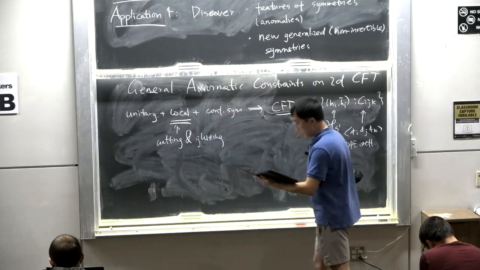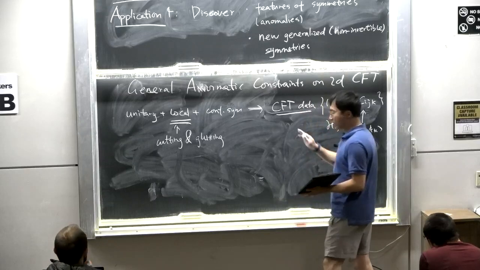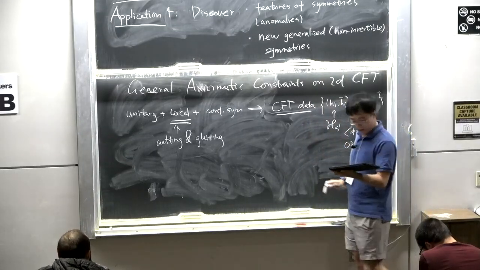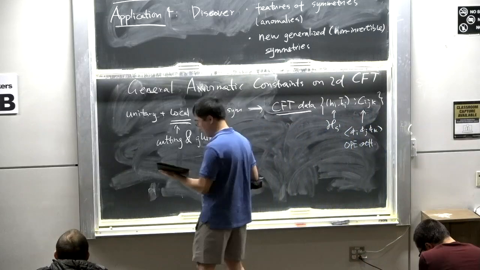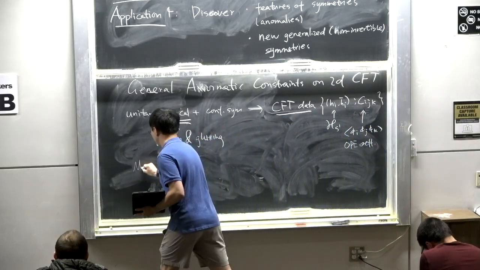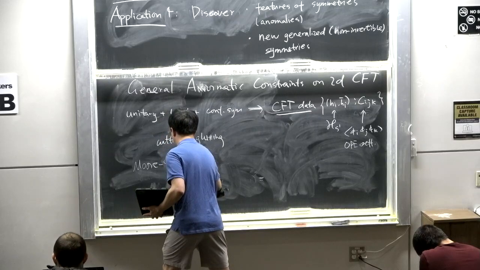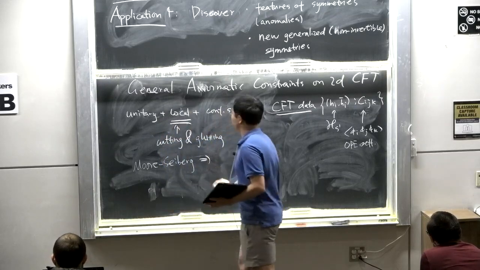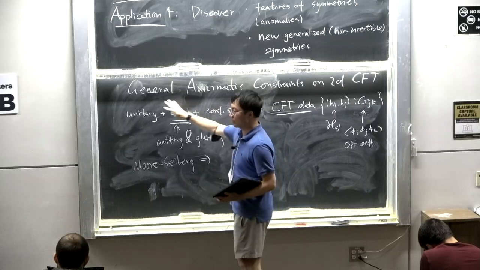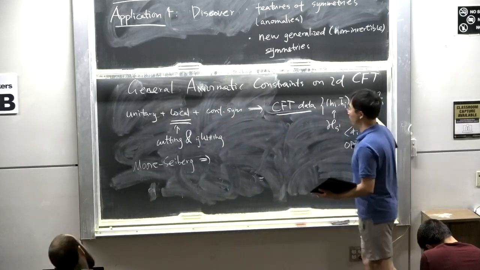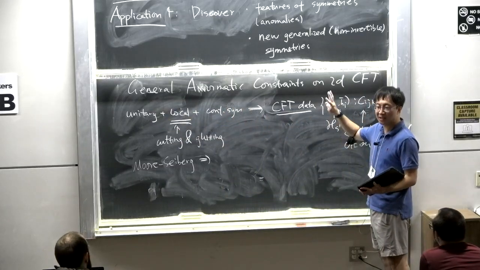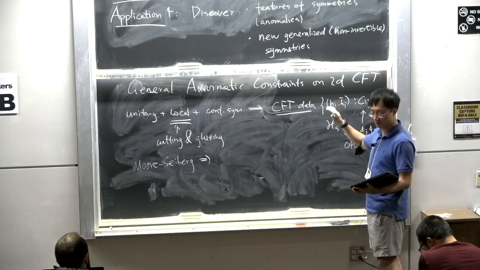So it turns out it's a non-trivial problem, but it's a problem solved by Moore and Seiberg. To ensure all these conditions, the basic building blocks need to satisfy a set of necessary and sufficient conditions.